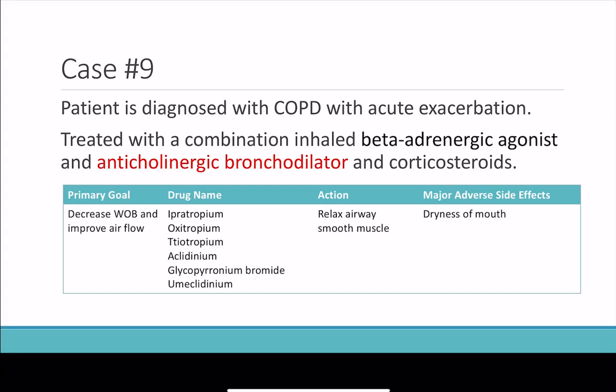What would the parasympathetic nervous system do? Well, if the sympathetic dilates, then the parasympathetic must constrict. So this drug is blocking a constrictor response, which would then lead to bronchodilation. So this patient is treated with a combination of these two. They're trying to hit the system from both sides: stimulate the sympathetic, block the parasympathetic, with the goal of increasing the diameter.